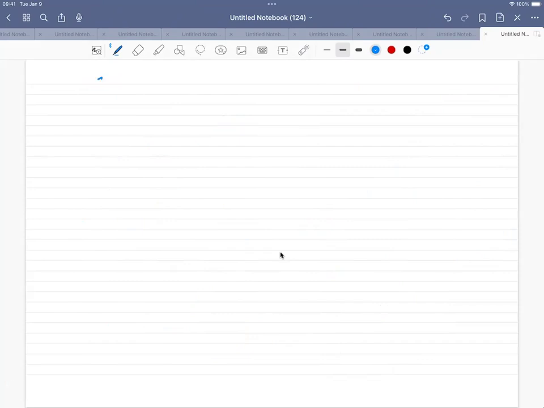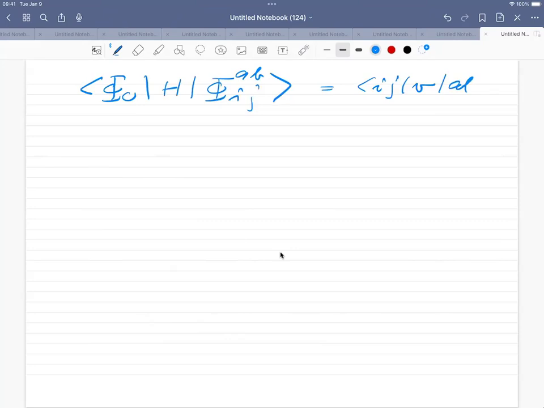And if we now move to the operator from phi 0 to the state ij and ab, then this was given simply by <ij|v|ab>.